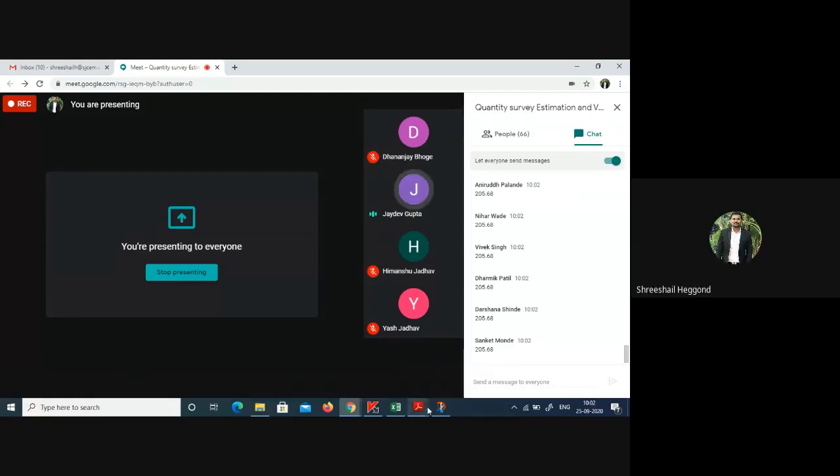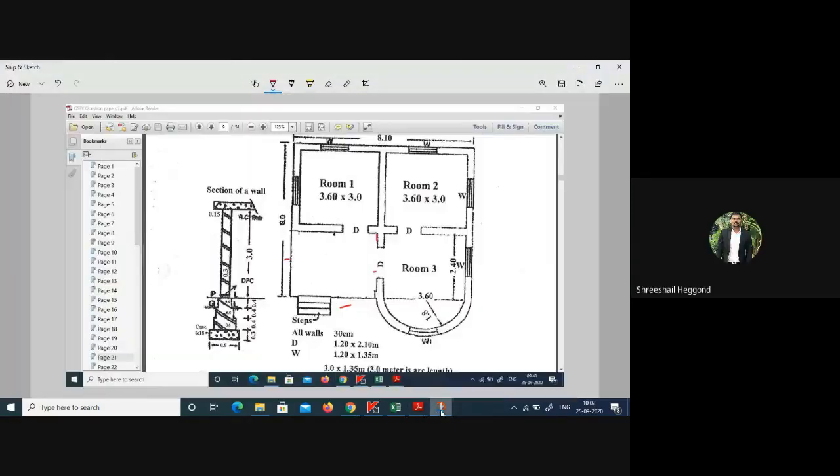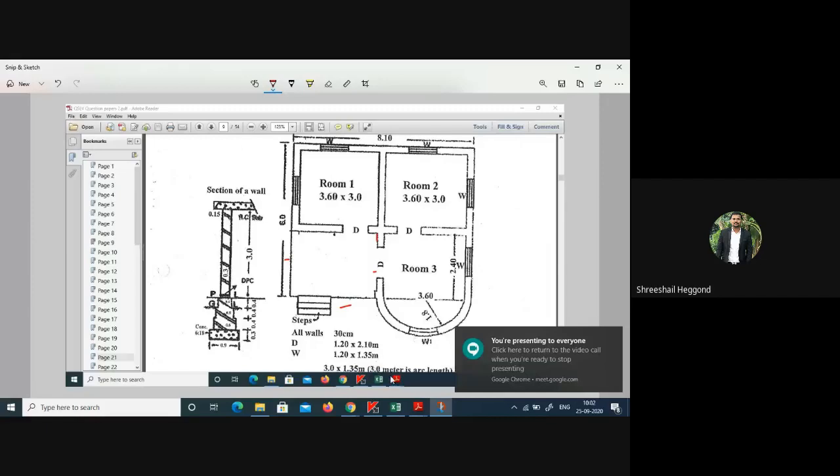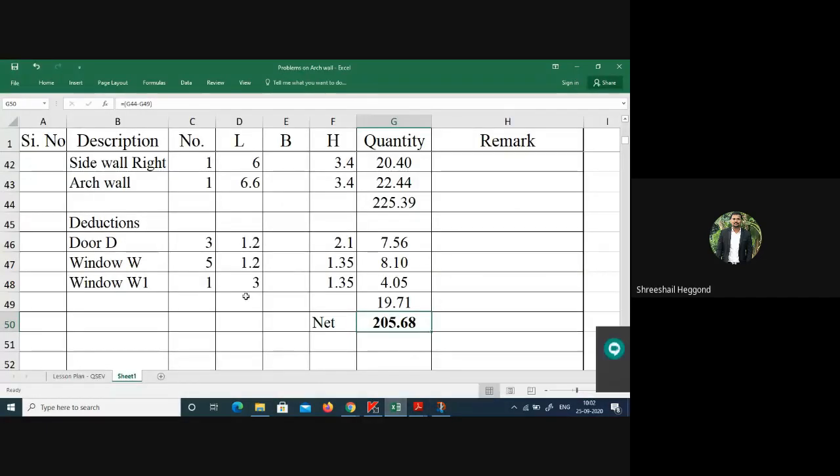Complete deduction will not be there. Okay. W1 is 3 by 1.35. What will be the value? 3 by 1.35. How much? 4.05. It is 4.05, which means full reduction you have to consider. Means both the sides you have to consider. Number will be 2 over here.